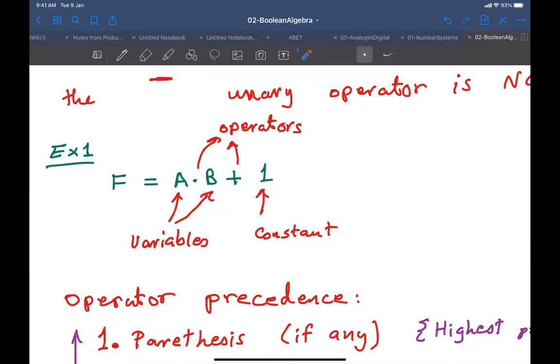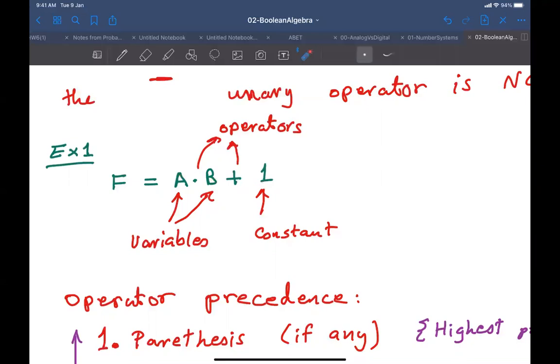A and B. The AND, excellent. The AND operation is done first, and then the OR is done second. So first we do the A and B, and then take the result and OR it with 1. However, if the precedence changes and we give the OR more precedence than the AND, the answer will be different.